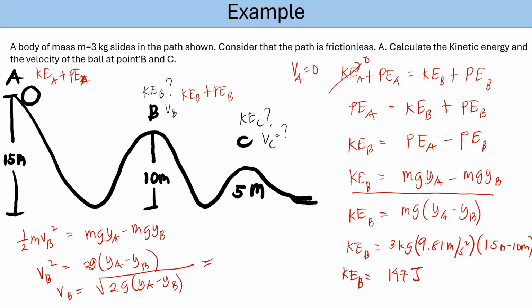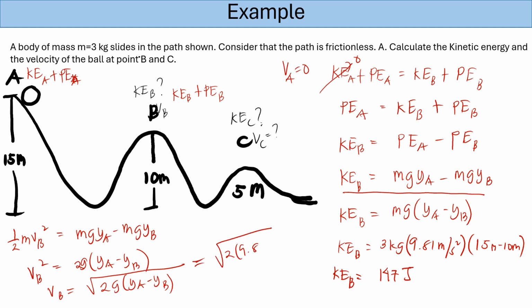So this will be equal to the square root of 2 times 9.8 meters per second squared, multiplied by the difference YA minus YB, that is 5 meters, and you will get the VB, which is equal to the square root of 2 times 9, okay, let's use 9.81 here.